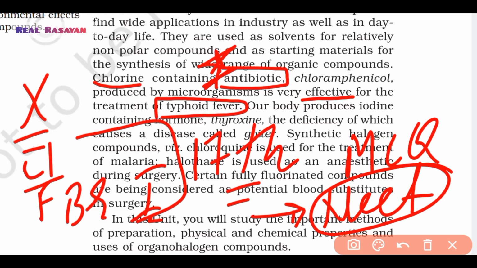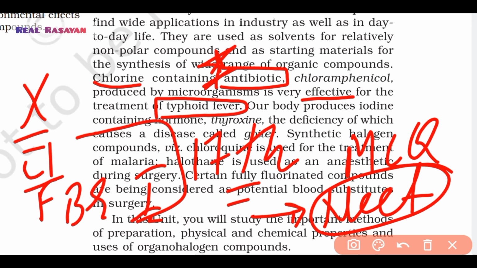Next point is related to where it can be used or which disease can be cured by chloramphenicol. Simply, the question can be: name the chlorine containing antibiotic, that is chloramphenicol. Name the halogen compound which is effective against typhoid fever, that is chloramphenicol.